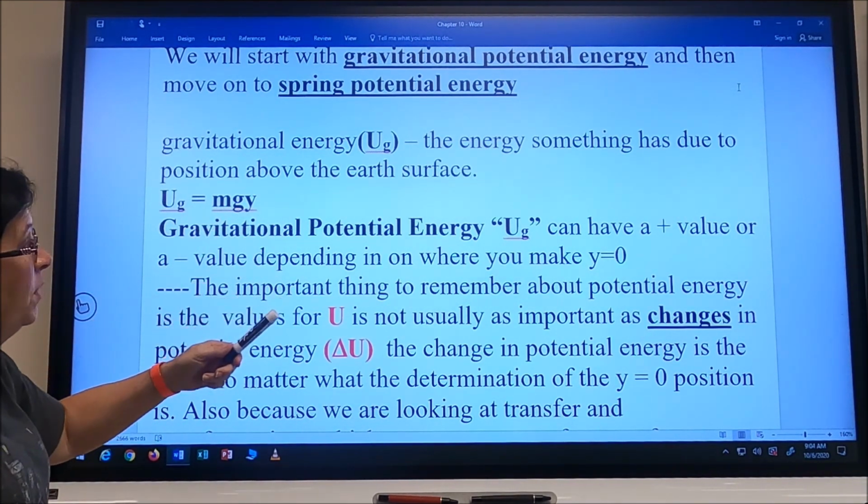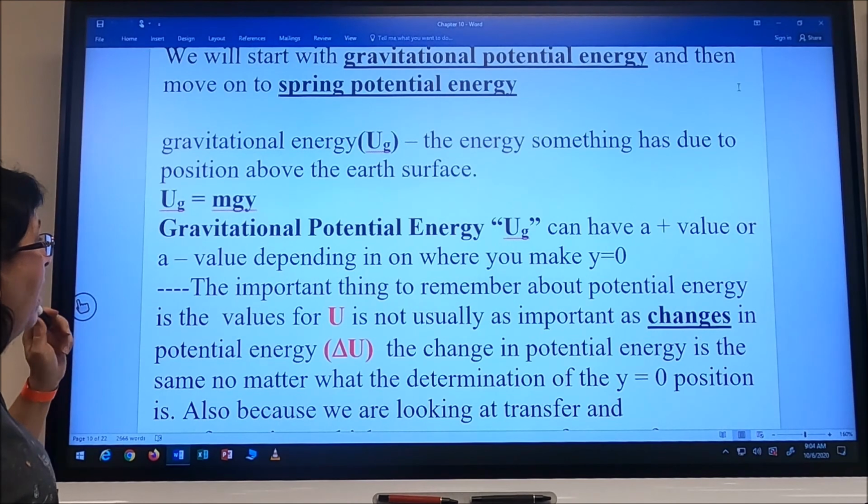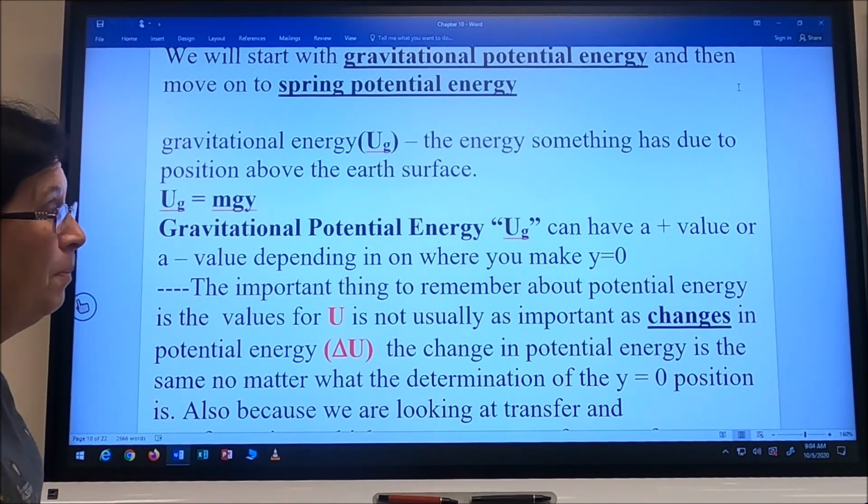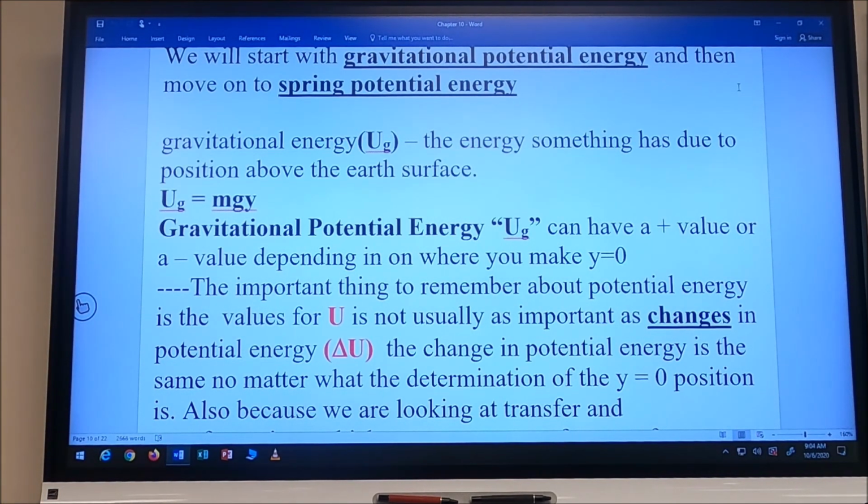Now, gravitational potential energy can have a positive value or a negative value, all depending on where you set your y equals 0. The important thing to remember about potential energy, and especially about gravitational potential energy, is we're always really more interested in change in potential energy instead of the absolute potential energy at a point in space.